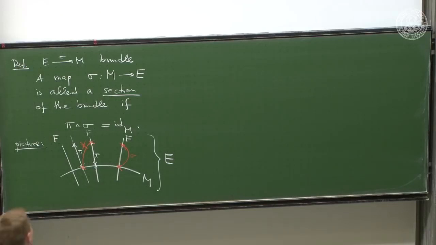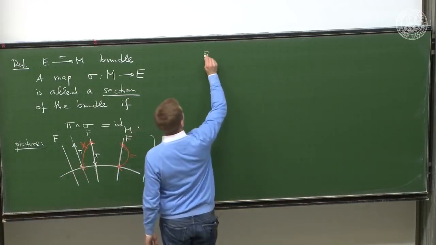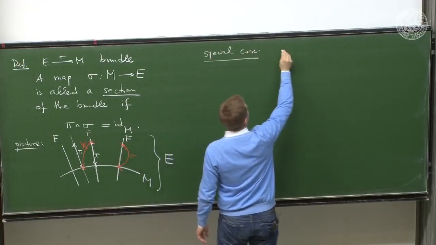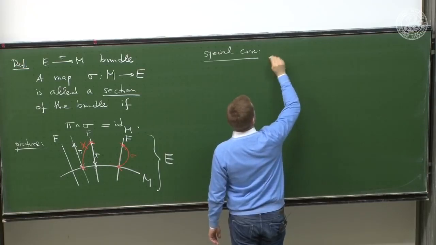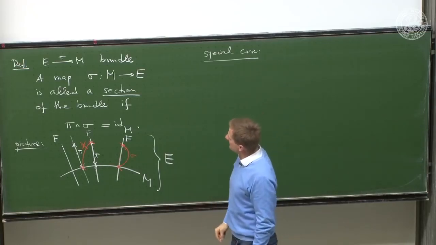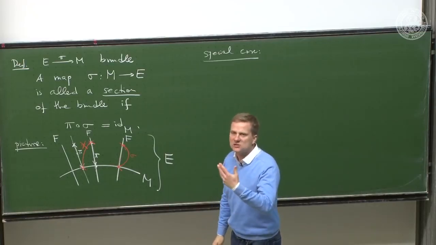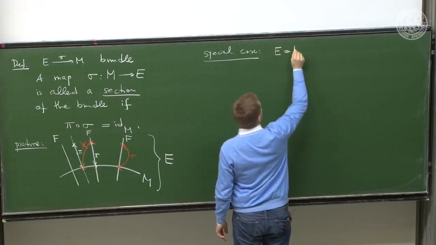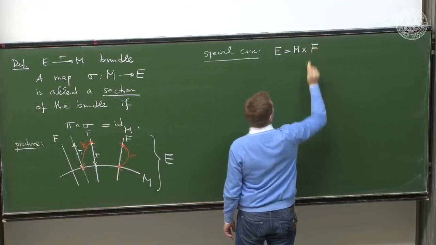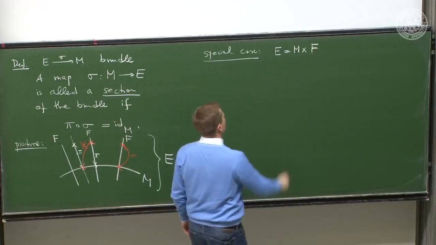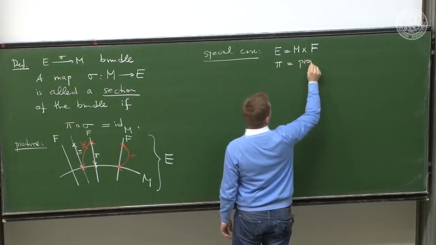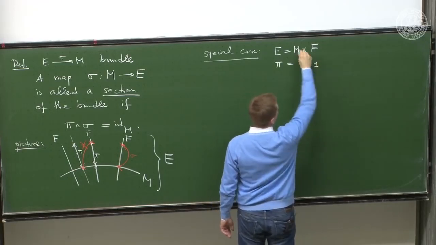Now, special case. Let's assume the bundle is in fact a fiber bundle, but even more, it's a product bundle. So let's assume that the total space is the product of M and some F, and that π is the projection to the first factor, like we had it before.